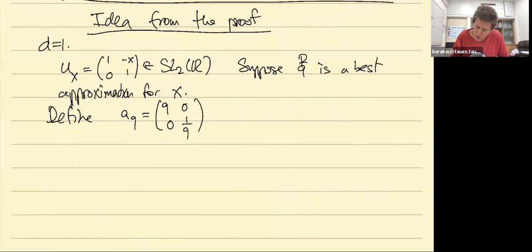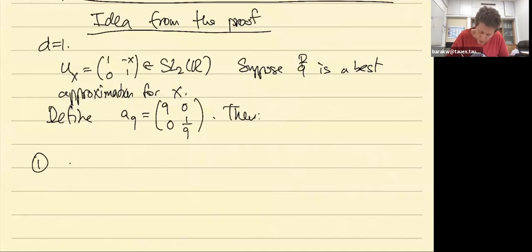And it's fortunate that Professor Dani is here because I learned much of this from Professor Dani. It's unfortunate that I may be not doing it justice, so I apologize if that's the case. So this is a diagonal matrix in SL2(R), and I'm claiming that you can detect the fact that P over Q is the best approximation in terms of these matrices in the following way.